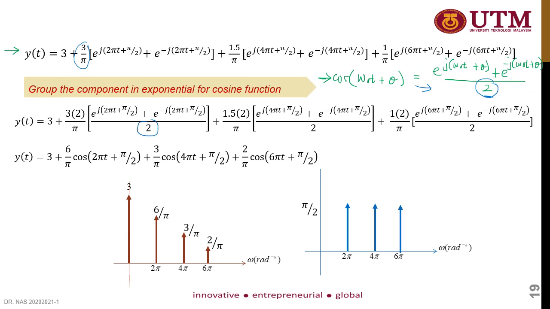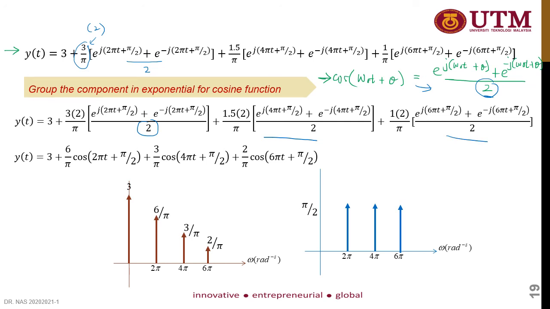In the original equation there's no division by 2, so you need to multiply by 2. Same goes to the second and third components.